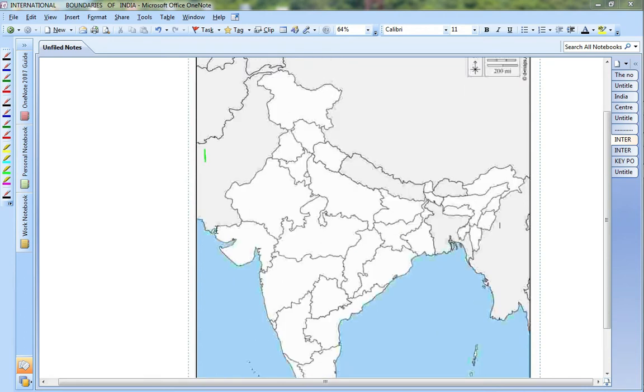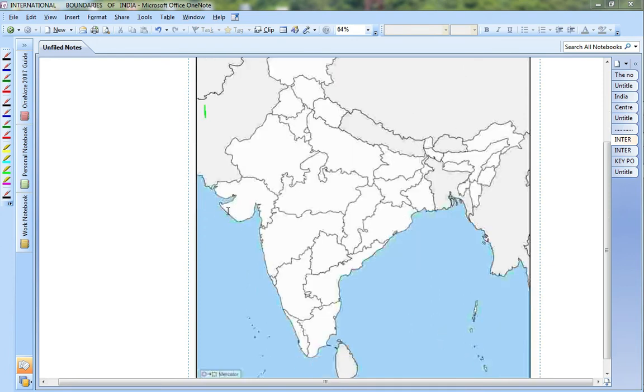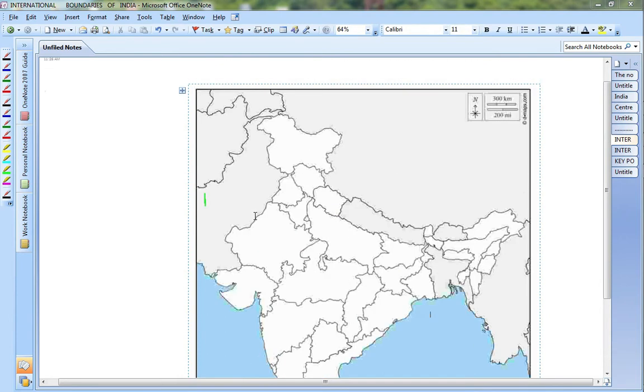The northern part of India shares land boundaries with different countries, and the southern part of India is surrounded by water. Three sides surrounded by water, right? So the southern part of India is known as a peninsula. Now we are going to discuss which countries share land boundaries with our country, right?